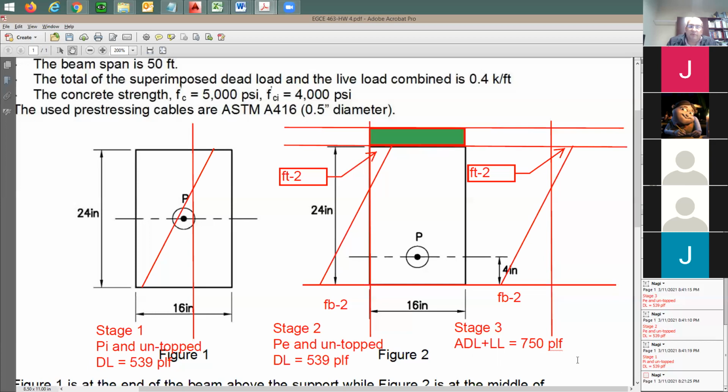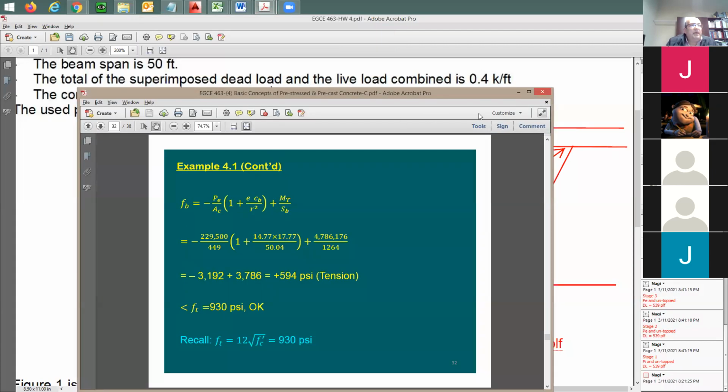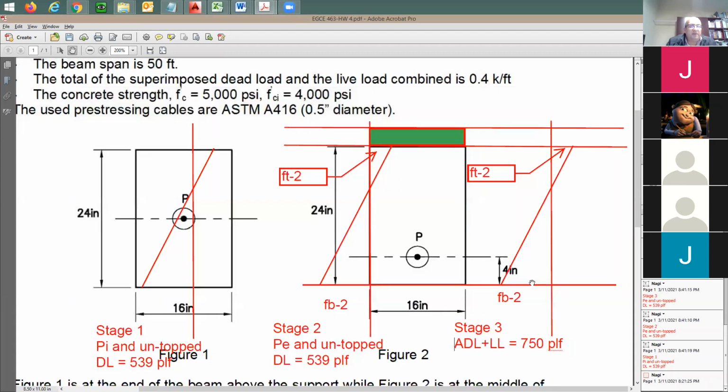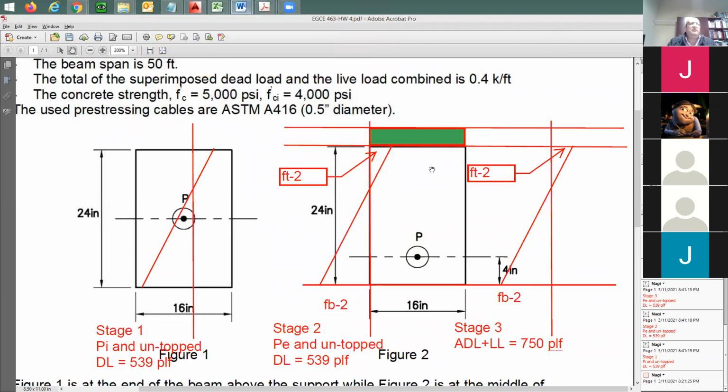So take this new load and use this equation. All you need to do is just use this M divided by S, because now you're going to have a new moment coming from this additional dead load and live load divided by the section modulus of the top properties. What are the top properties? It's going to be based on these values.